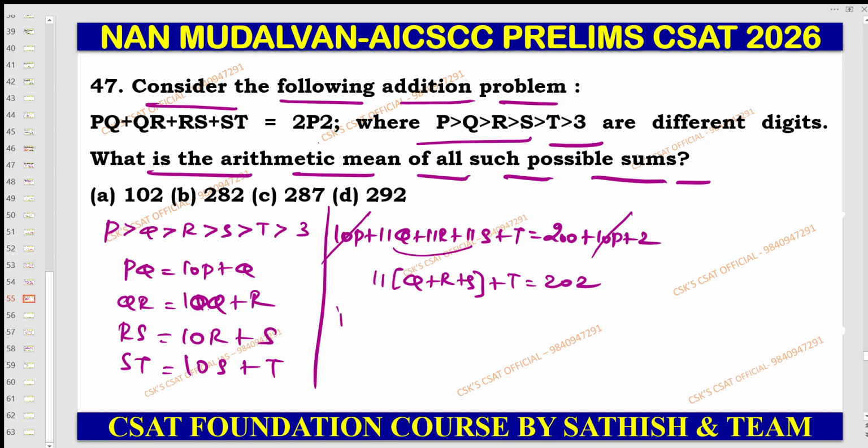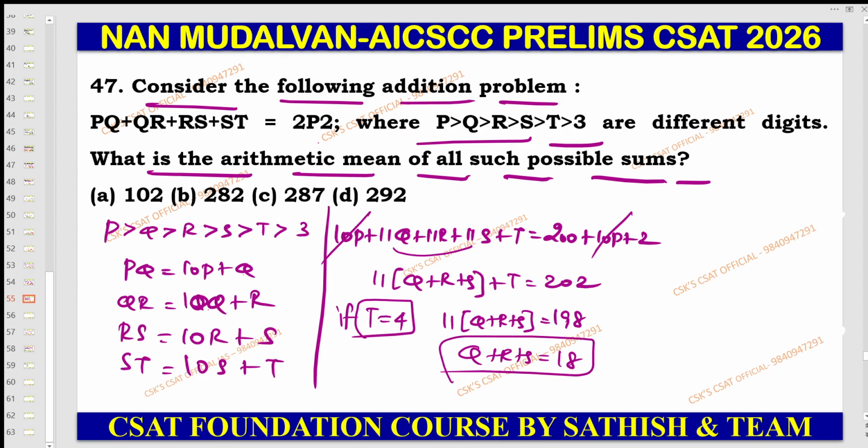Suppose T is equal to 4, because the least value for T is 4. When you place T is equal to 4, what would happen here? 11 times Q plus R plus S is equal to 198, because bringing 4 towards the RHS, 202 minus 4 becomes 198. Then Q plus R plus S, if you divide this, becomes 18. So this is the constraint you have to fix here.